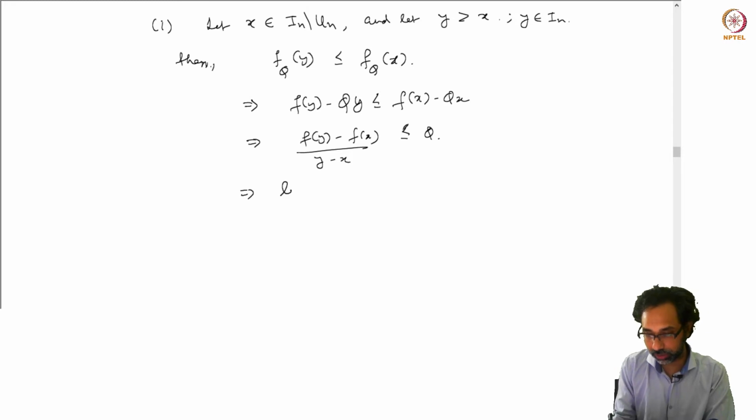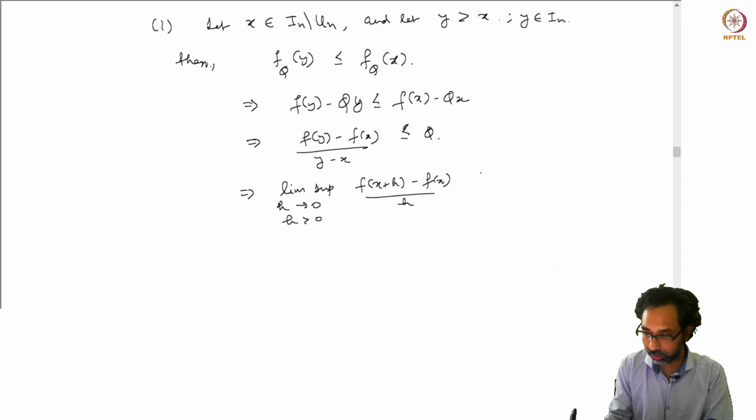So this implies that the lim sup as h goes to 0 with h positive of (f(x plus h) minus f(x)) over h is less than or equal to q, and this is nothing but the upper Dini derivative.